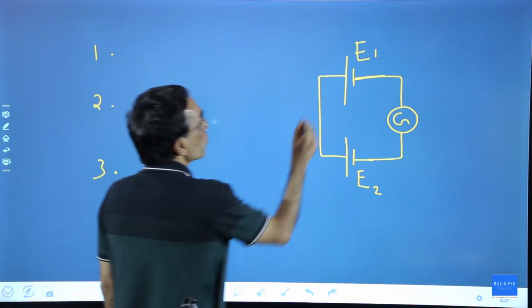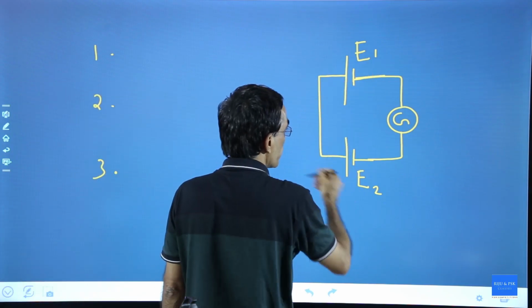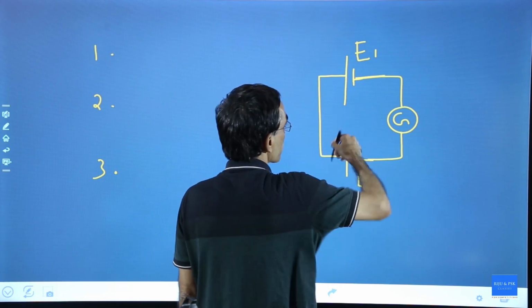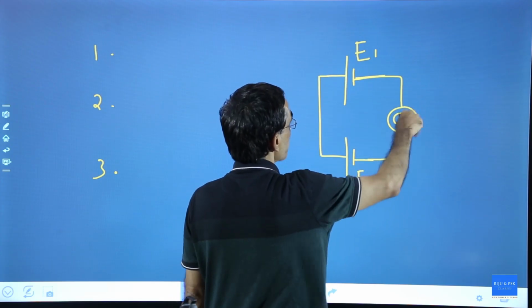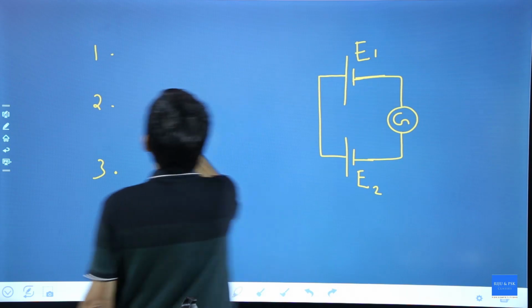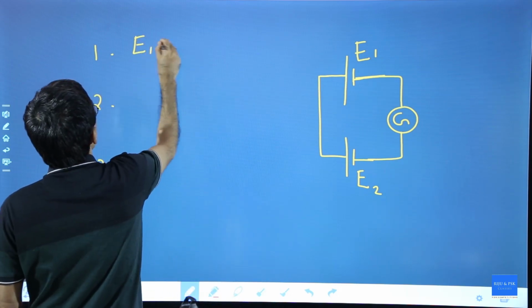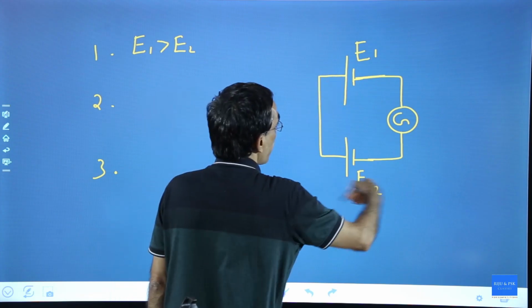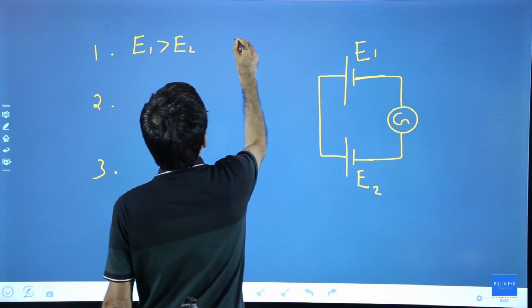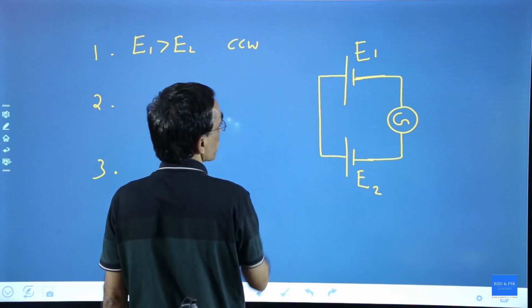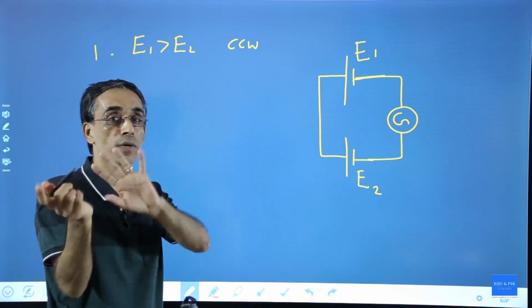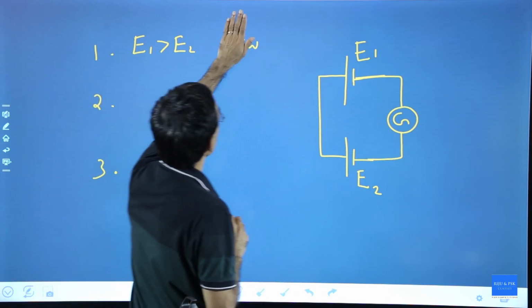It can flow from E1 to E2 like this. In this diagram, it can go clockwise. I am sorry, anti-clockwise. If E1 is greater than E2, it can go counterclockwise, and the galvanometer will show deflection to any one of the sides. Okay.